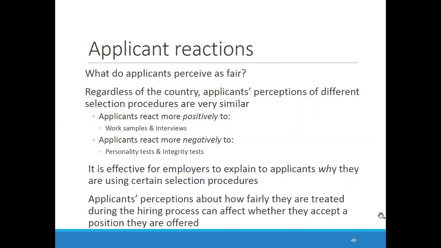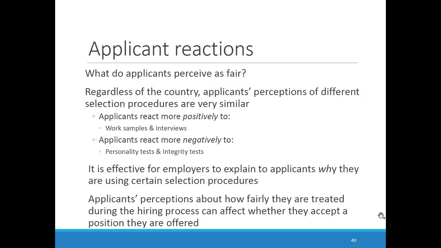We refer to this as applicant reactions, and we need to consider what applicants perceive as fair and just during the selection process. We talked about this previously in terms of face validity, and that's certainly one piece of it. So face validity is referring to how much the selection procedure appears to be valid for the job that the person is applying for.